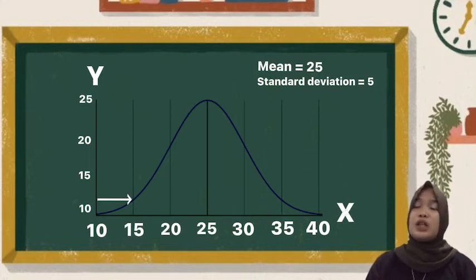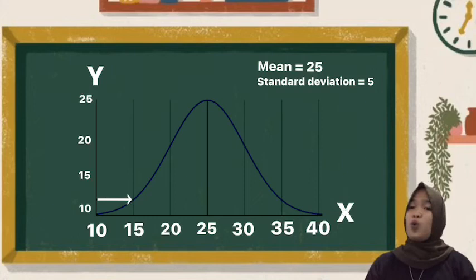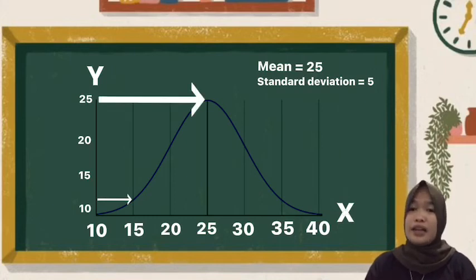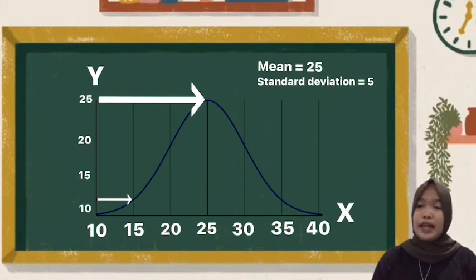So, dito naman, sa 25, may 25 na students na nakakuha ng 25. Now, that's how we use the normal distribution curve. So, again, the y-axis is the frequency and the x-axis refers to the scores of the students.